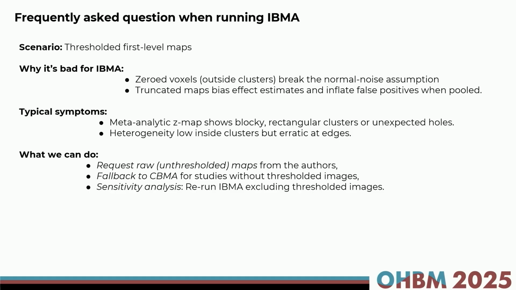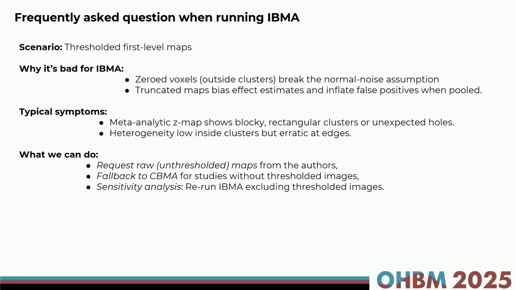And the next scenario is we might have thresholded first level maps. It is bad for IBMA because zeroed voxels outside of clusters can break the normal noise assumption. And that will make meta-analytic Z-maps show blocky rectangular clusters or unexpected holes.